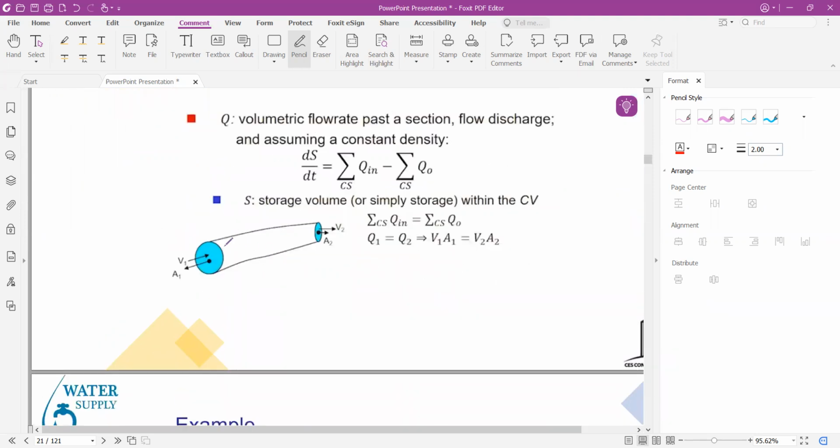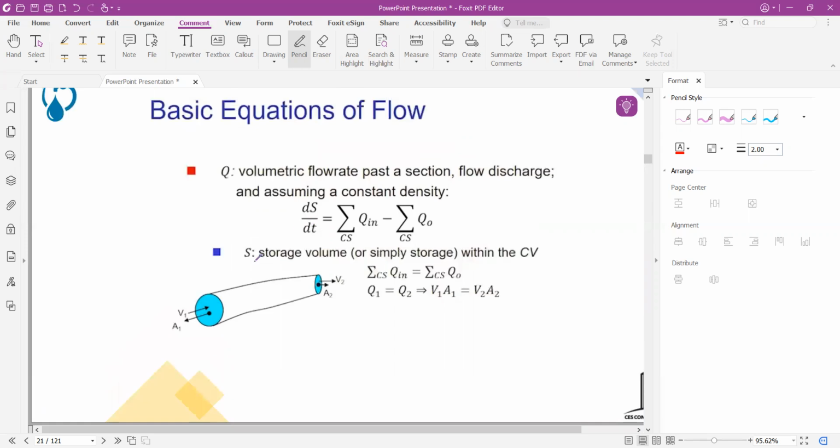Consider just a portion of a pipe where the flow enters the pipe at one side and goes outside the pipe at the other side. The continuity equation shows that the inflow of a fluid will be equal to the outflow, and the storage, if any occurs in that fluid, the time rate of storage will be equal to the difference between inflow and outflow.